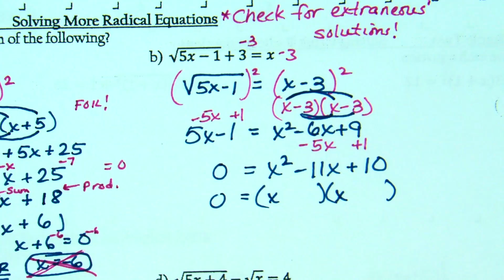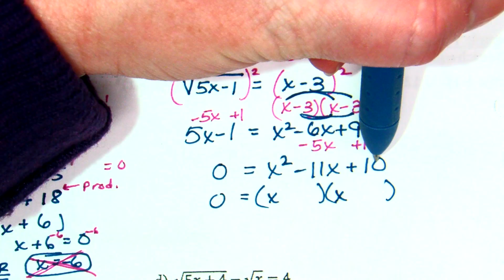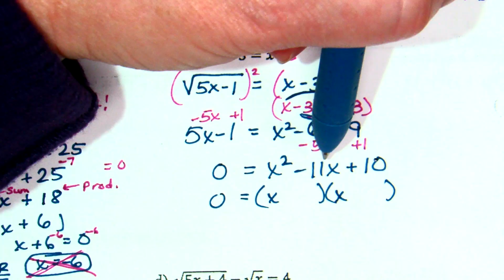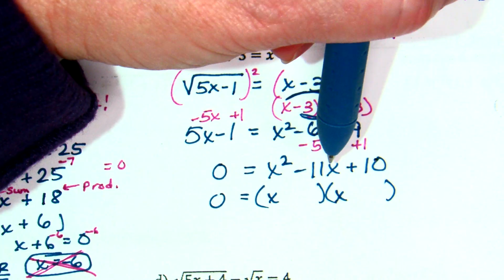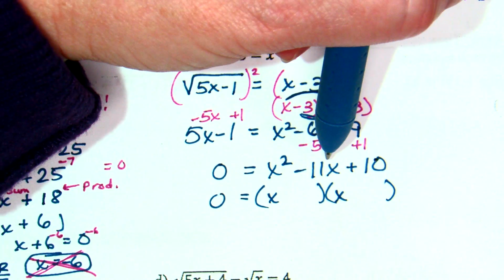Which one's going to add to be 11 given the right signs? 1 and 10. Okay? So, if they multiply to be positive, they have to be the same sign. If they add to be negative, both negatives. So minus 10 and minus 1.